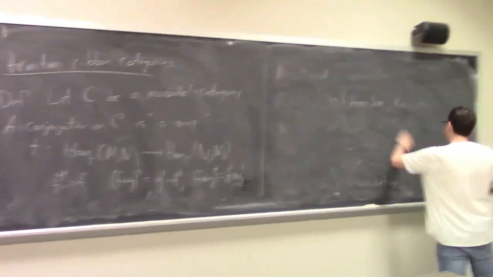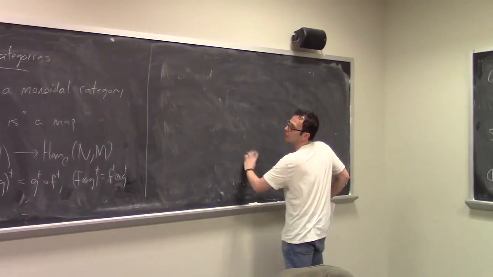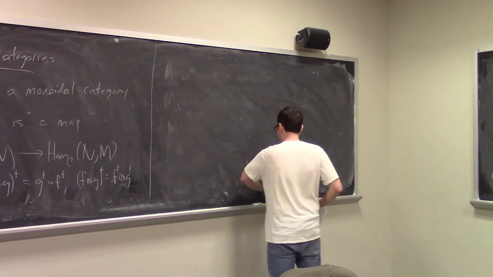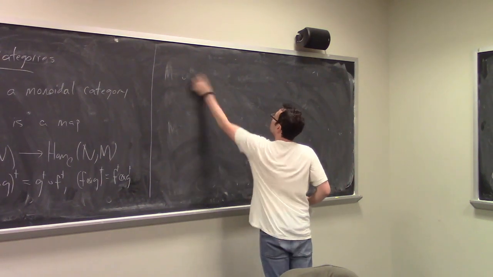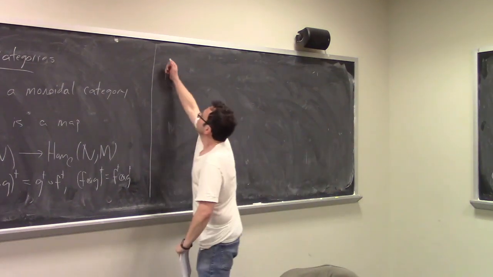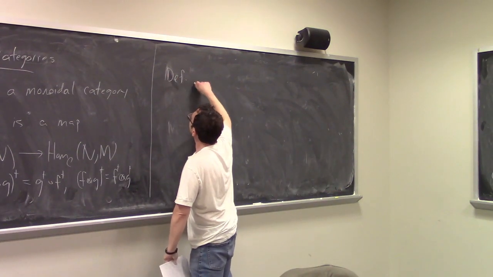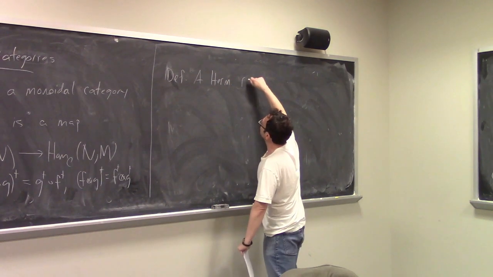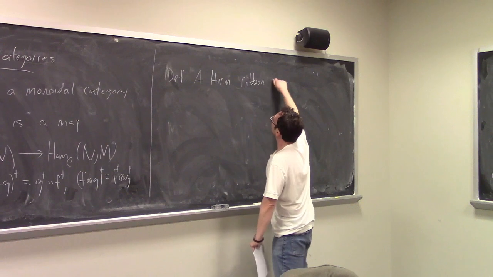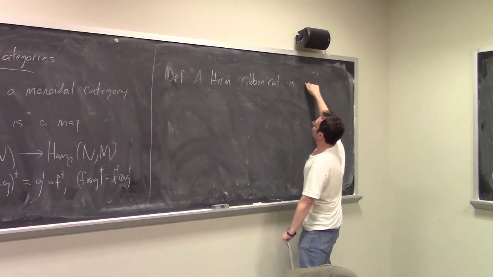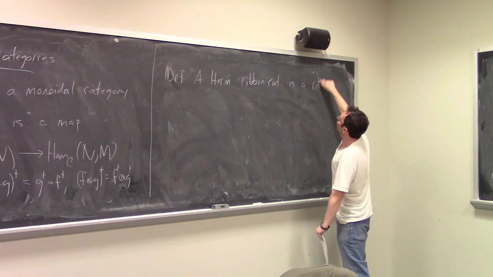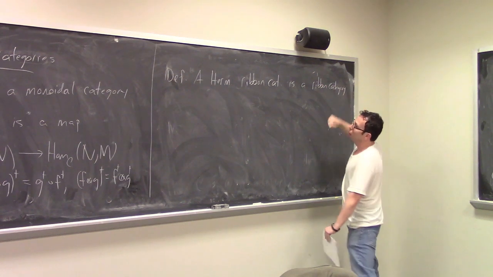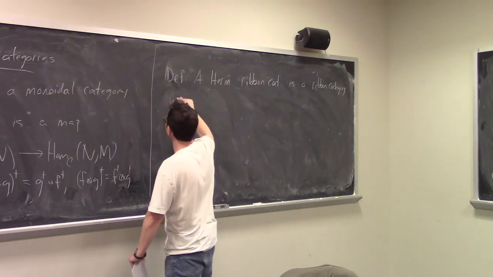And now a Hermitian ribbon category is a ribbon category with a conjugation.